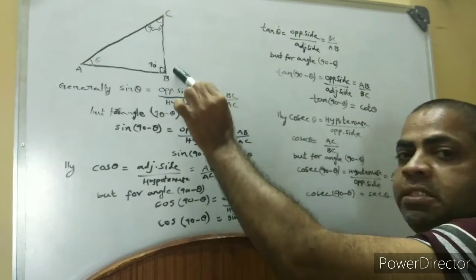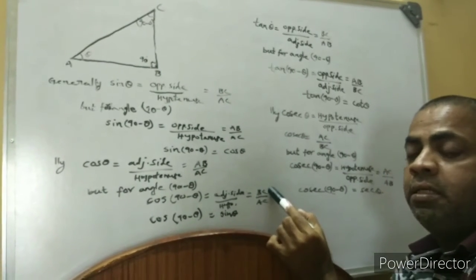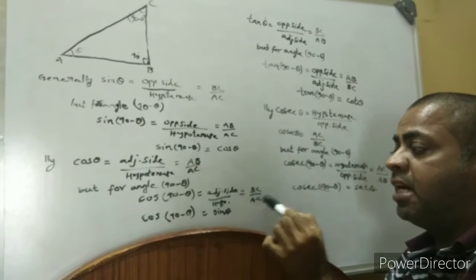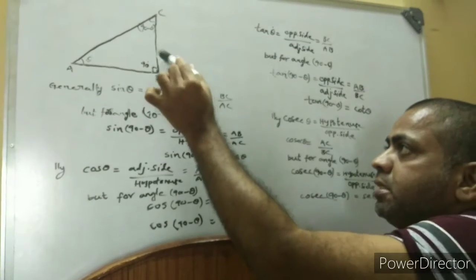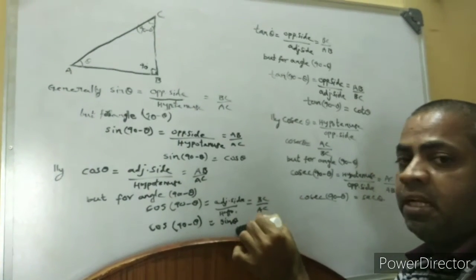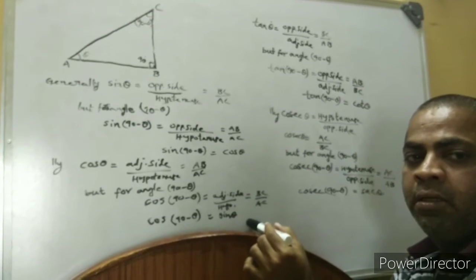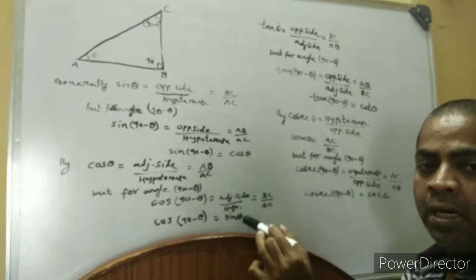The hypotenuse does not change, so it is BC by AC, which is exactly equal to sin theta. Therefore, cos 90 minus theta is equal to sin theta.